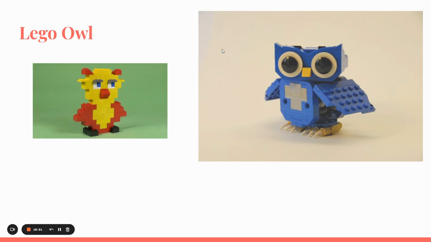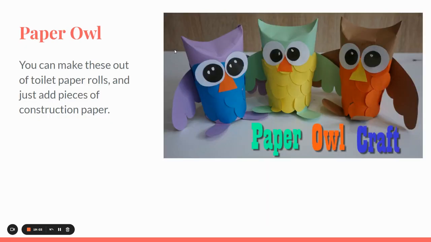A Lego owl. So you can buy actual Lego owls, or you can just make it out of whatever Legos you have. It doesn't have to be a certain color. Just have fun with it. Paper owls. So these are little toilet paper rolls. And so they folded those little rolls down at the top, and they've got lots of little pieces of construction paper that they glued onto it.